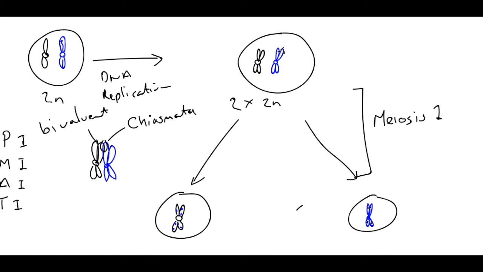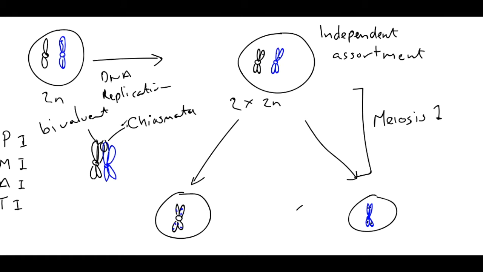So some genes from this one are swapped onto that one, and some genes from this one are swapped onto that one. And this is known as independent assortment. That is where you get this exchange of genetic material, some from mums and some from dads.